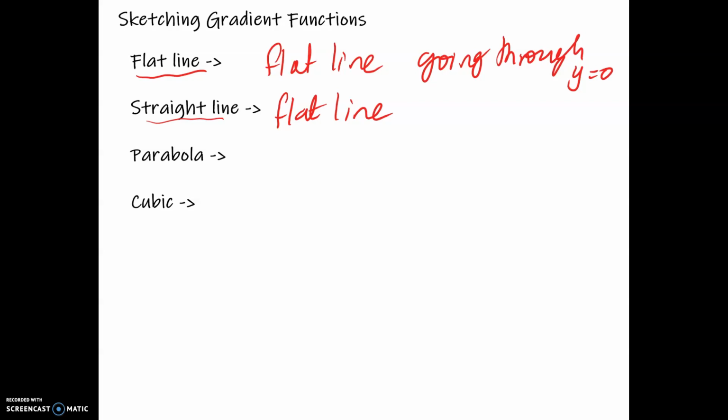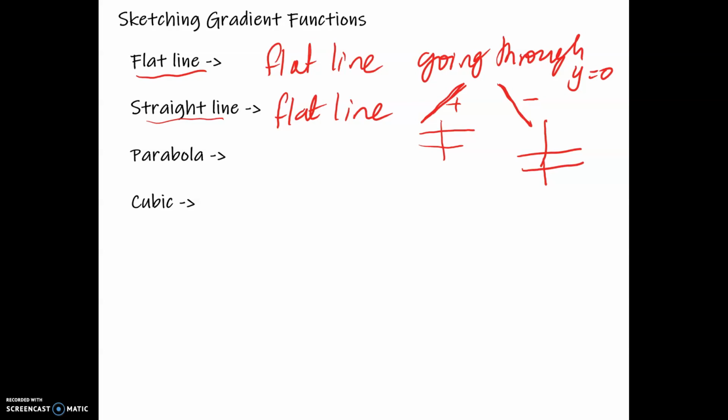Now you have to understand if the original function is going up, it's a positive gradient, and if it's going down, it's negative. So if it is a line that's going up, then you must make sure that your gradient function is in the positive region. Now, if your line is going down, then you must make sure your gradient function is in the negative region.